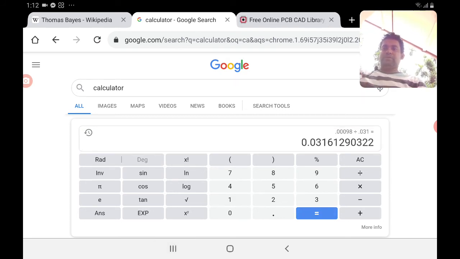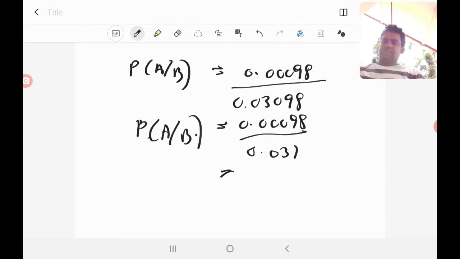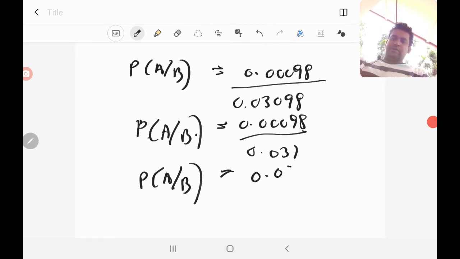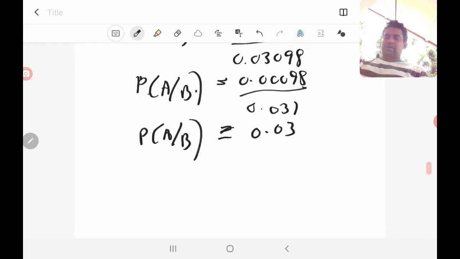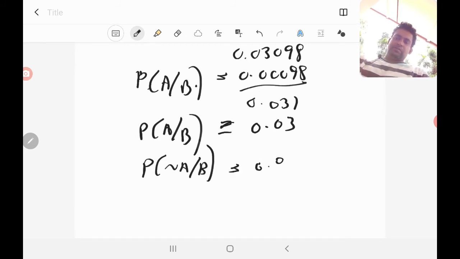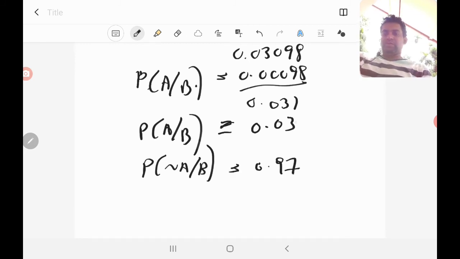So PA given B is, we'll write the approximate value as 0.03, and P not A given B is 1 minus that value, that is 0.97, because those are the only two possibilities.